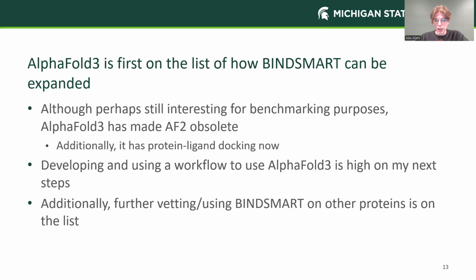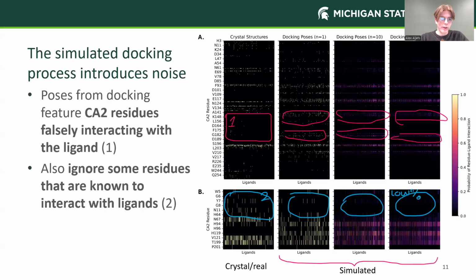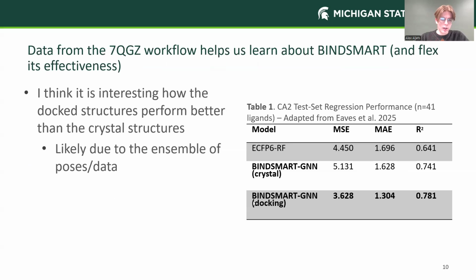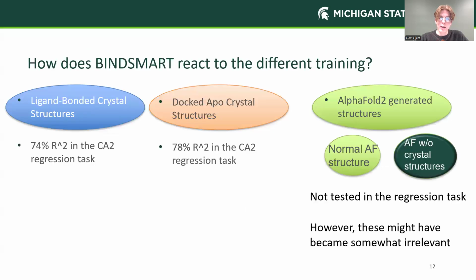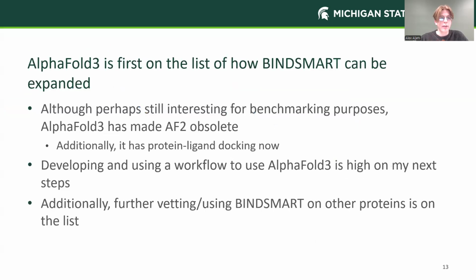One thing I was wondering about is that the docking outperforming the crystals was probably due to an ensemble of poses that the neural network got to look at. But with AlphaFold 3, it's probably only going to have like 1 to 5 poses, which is the volume I've generated with AlphaFold 2.